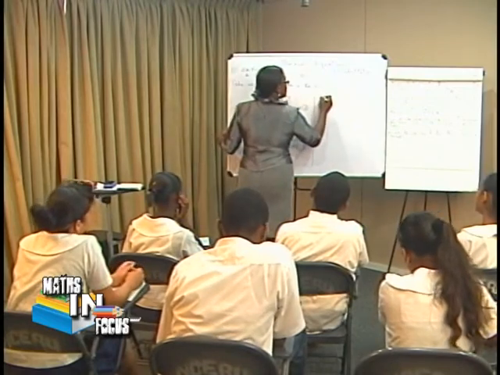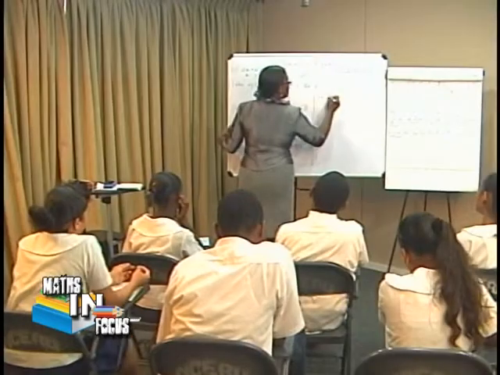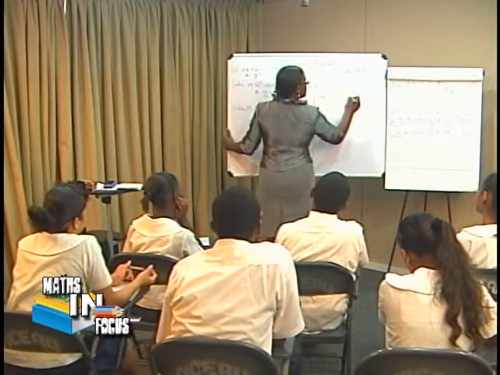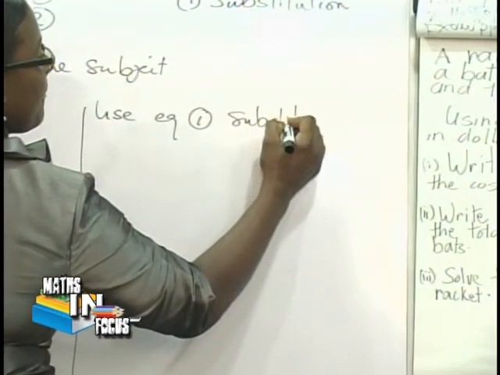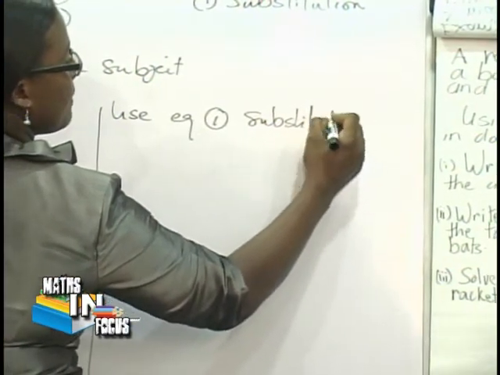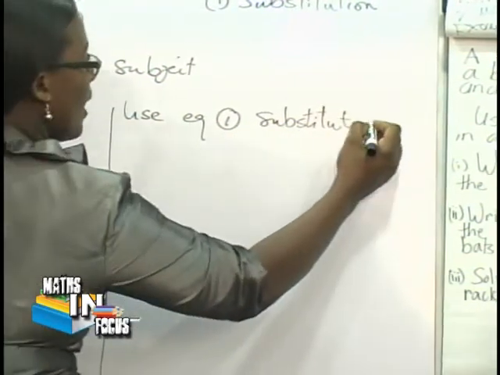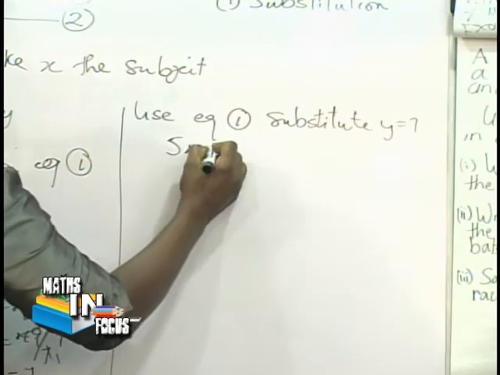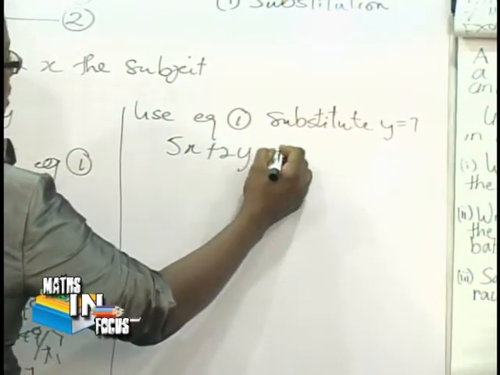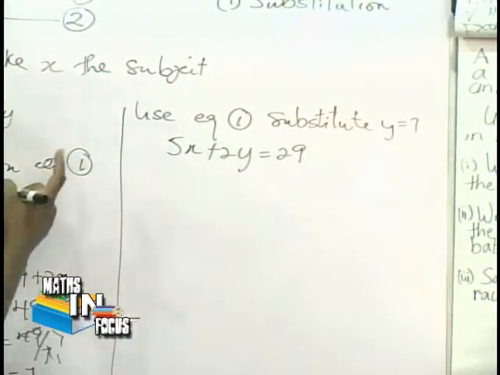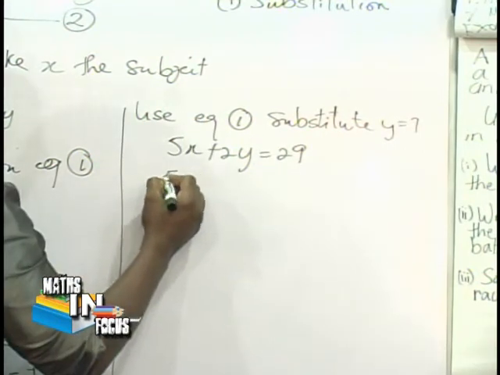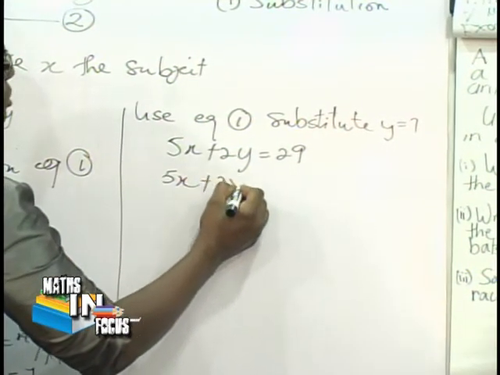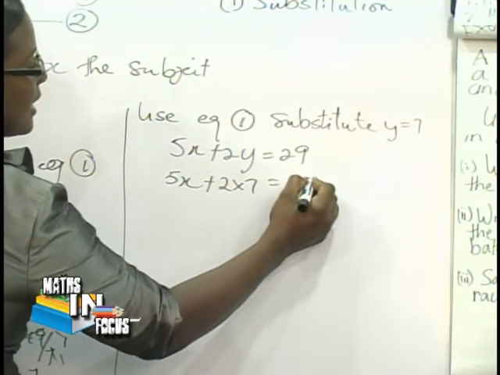So we use equation 1 and substitute y equals 7. 5x plus 2y equals 29. y is 7, so we have 5x plus 2 by 7 equals 29.